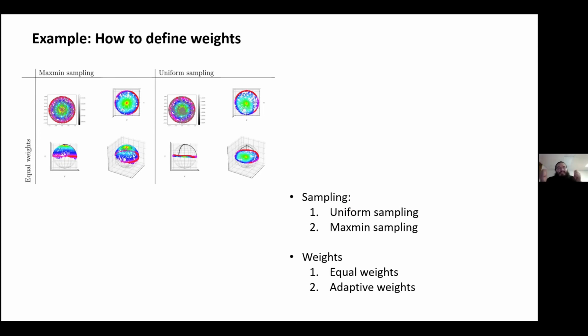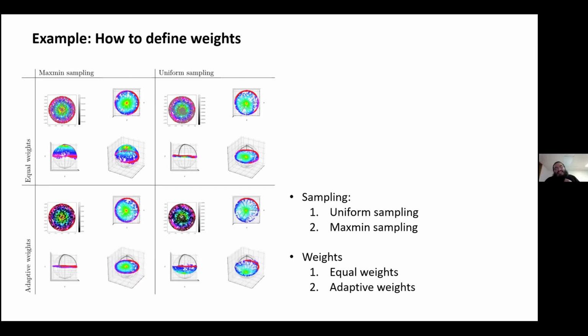What I'm doing here is I take the weight one. If I have 100 landmarks, the way that I put it is 1 over 100 for each landmark. So it is the same weight all across the landmarks. And that's not the only way that I could do it. I could do adaptive weights. What I mean by adaptive is take your landmarks, draw some metric balls around them, and define a weight that is related to how many points are contained in those balls.